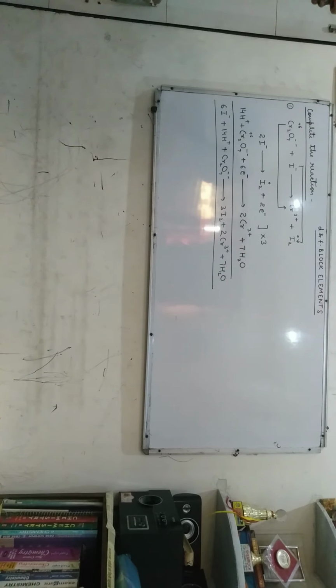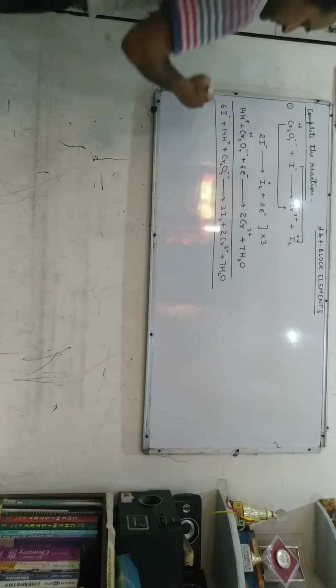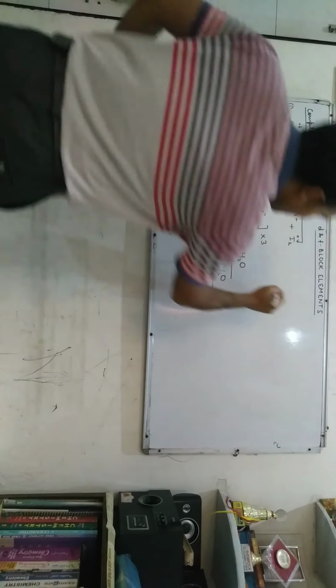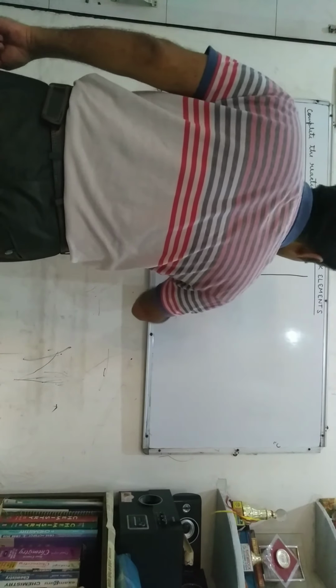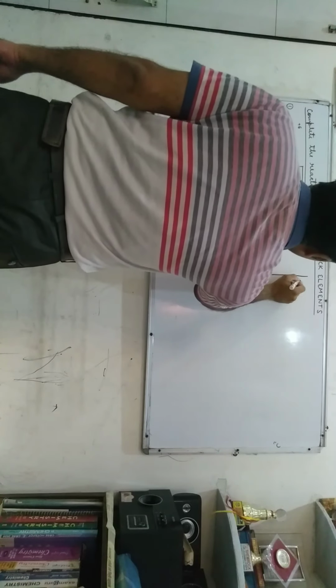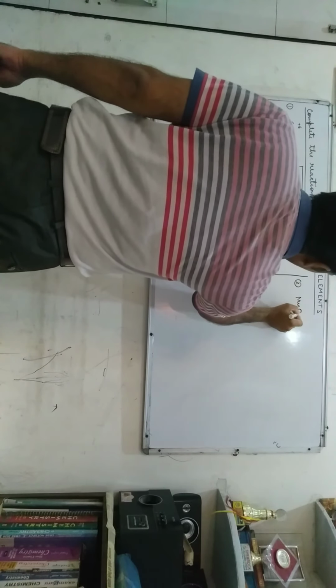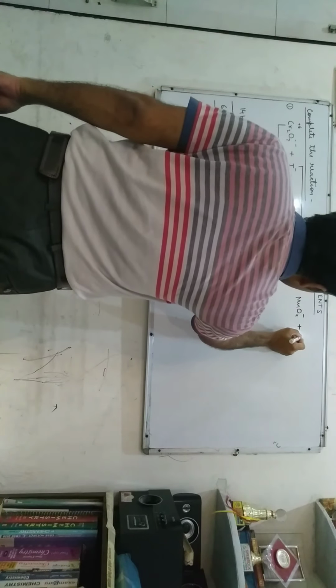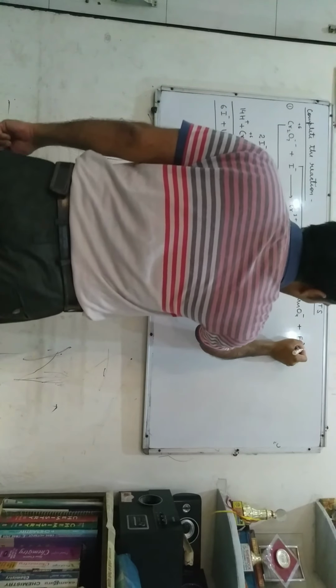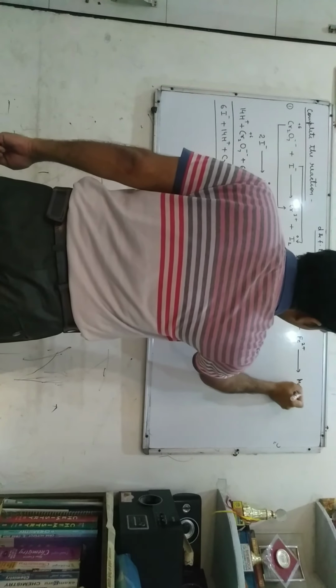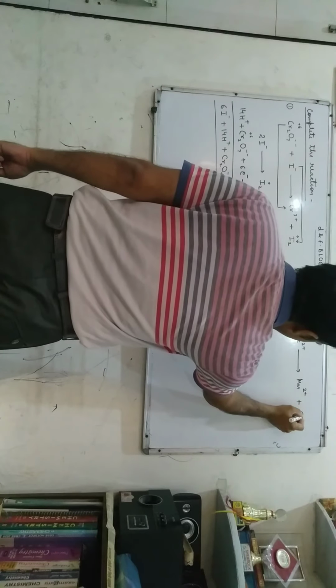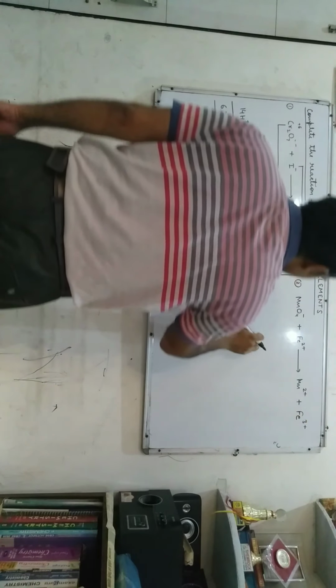Now let us try to solve some more equations. Suppose in the second part we have MnO4- plus Fe2+ gives, where Mn is stable in +2 oxidation state and iron is stable in +3 oxidation state.